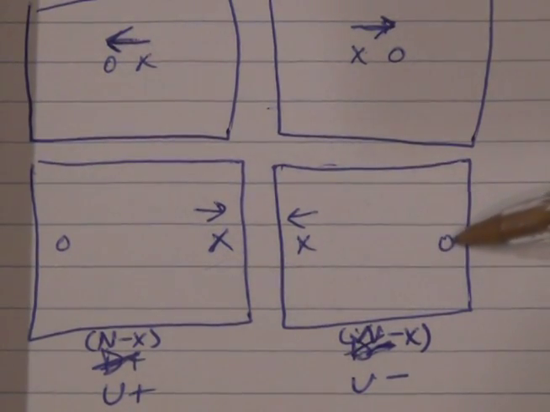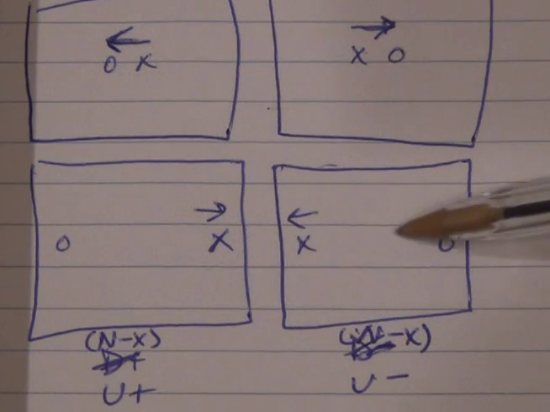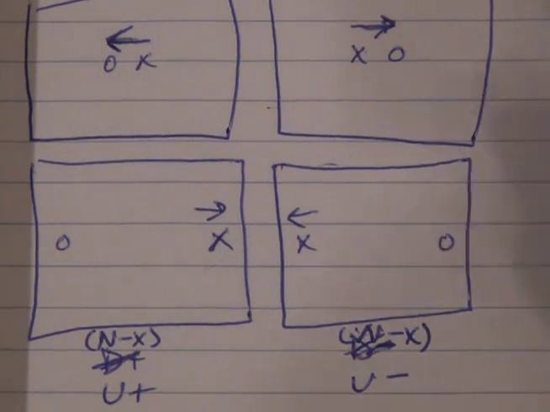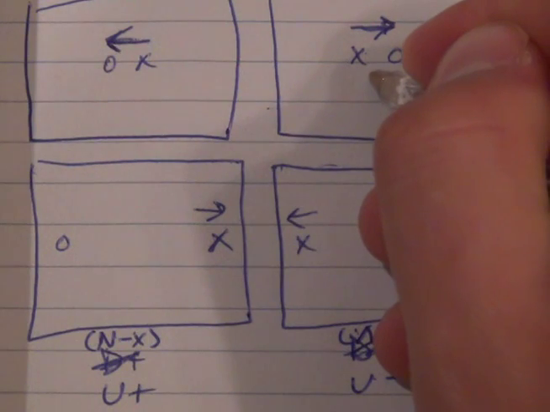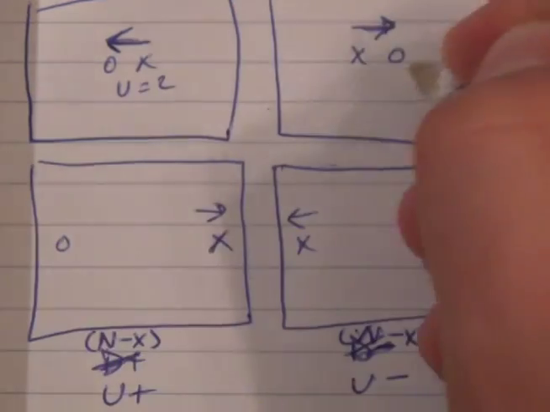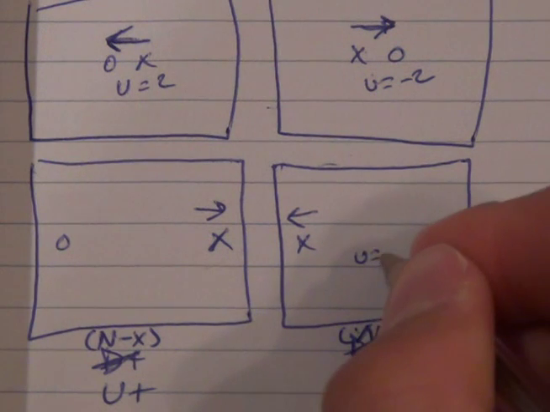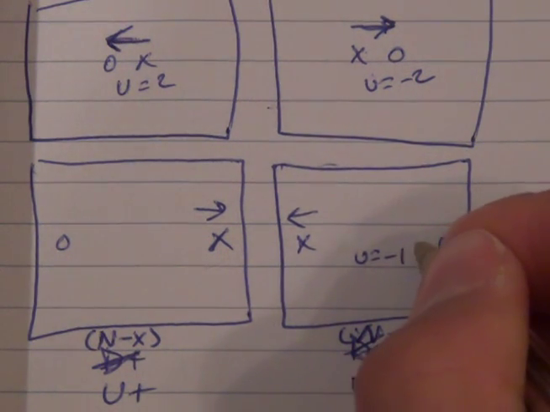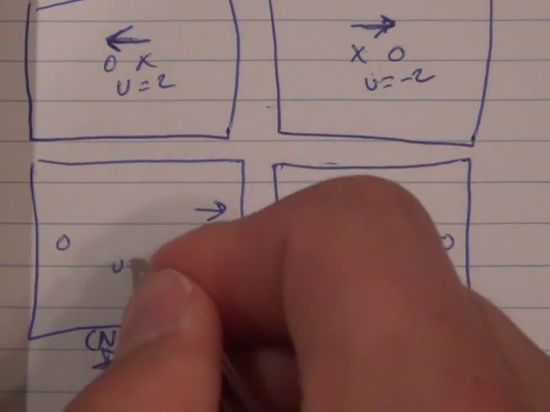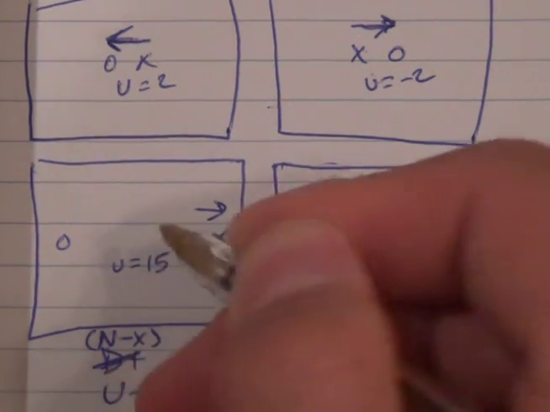But to see whether our distance is, let's see, what is the distance here? This is probably u equals 2, u equals negative 2, u equals negative 15, u equals 15.